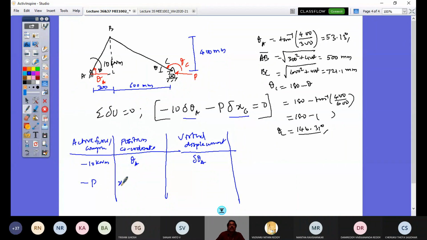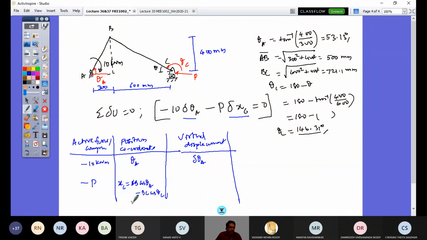So what is XC now? How do I write XC? That would be AB cos theta A plus BC cos theta, or in terms of this, if I write the cos of the obtuse angle is minus, so I should write here minus BC cos theta C. Look at this minus sign, very, very important.